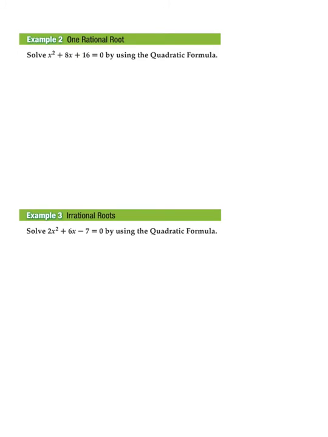All right, guys, this one claims to have one rational root. It should solve pretty quickly, so let's take a look. It is equal to 0, so we'll identify a as 1, b is 8, c is 16. And again, our formula: x equals negative b plus or minus square root of b squared minus 4ac, all over 2a.